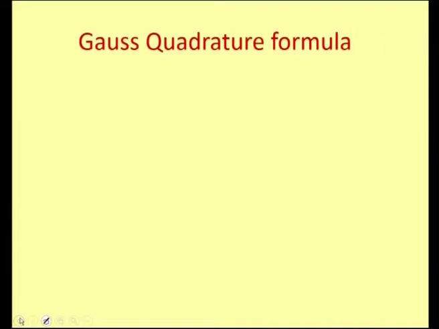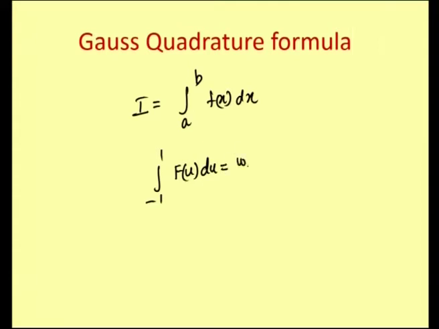Actually it is derived from the general formula for evaluating the integral I equal to integral a to b f of x dx. Okay. And the Gauss formula for a special interval -1 to 1, integral f of u du is equal to w1 f of u1 plus w2 f of u2 plus etc., wn f of un.